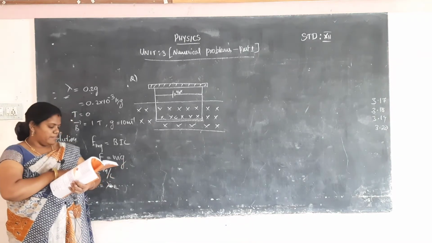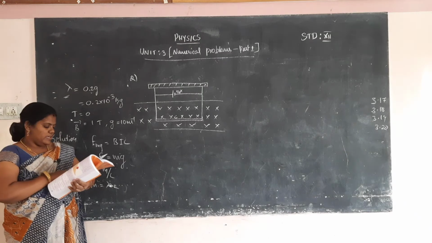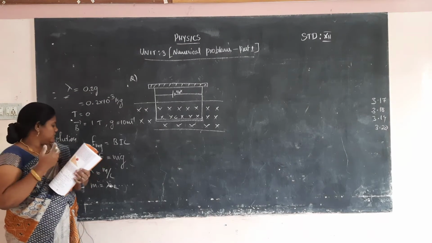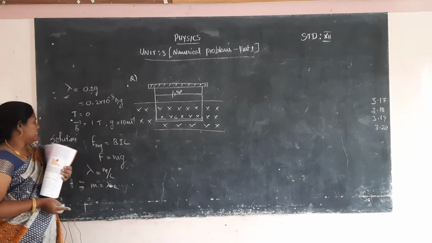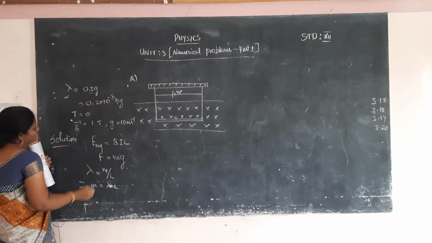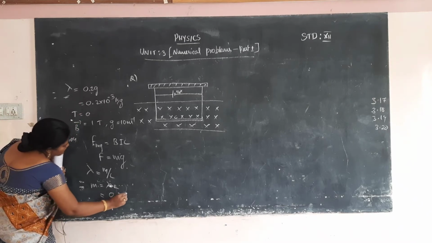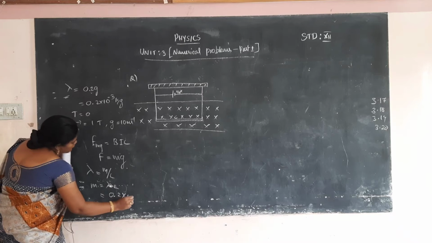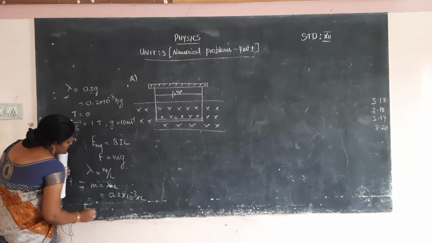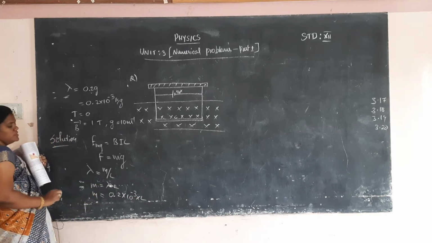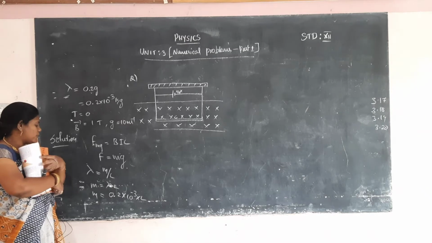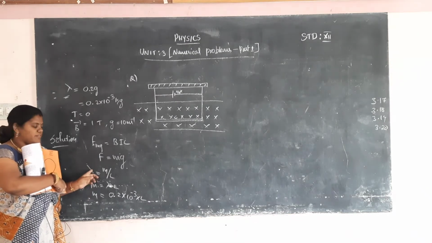Is the length given or not? The length is not given. So mass is lambda into L. The lambda value is 0.2 into 10 power minus 3, so mass is 0.2 into 10 power minus 3 into L. This is the mass value. So we easily calculate the mass from the linear mass density formula.